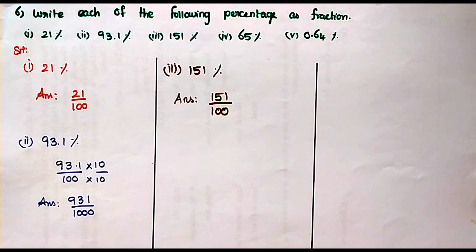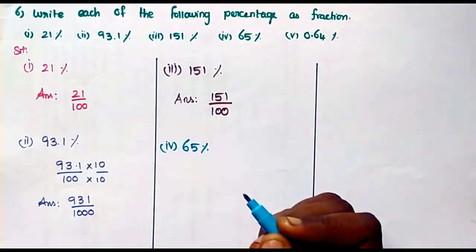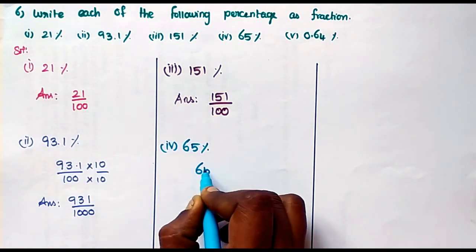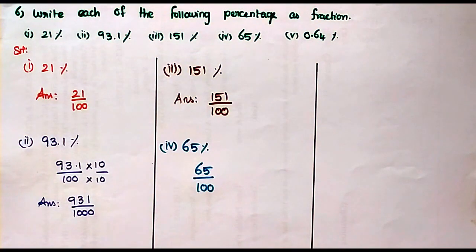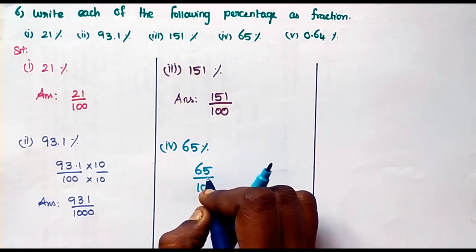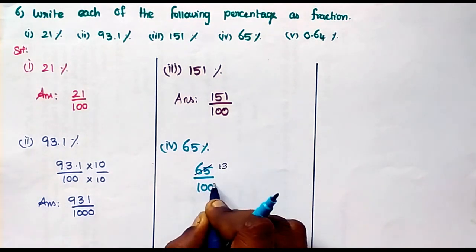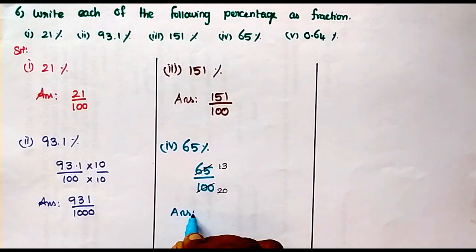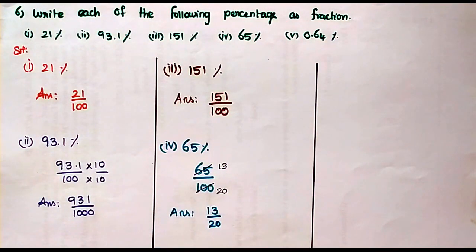Next one, 65 percentage. Listen, 65 divided by 100. We can simplify, means we have to simplify that. 13 5s are 65, 20 5s are 100. So answer 13 divided by 20.